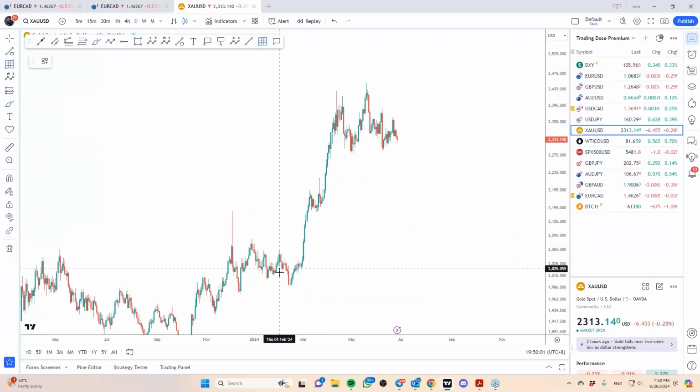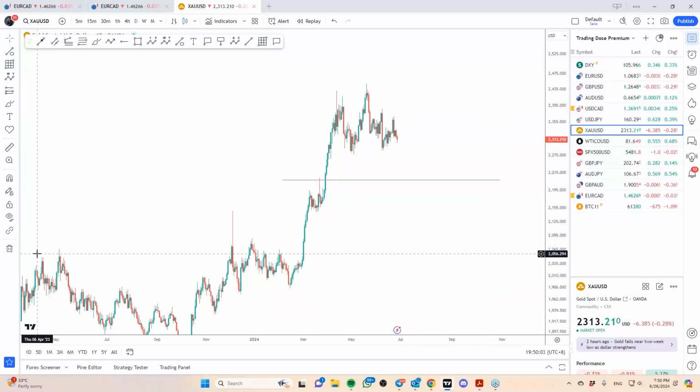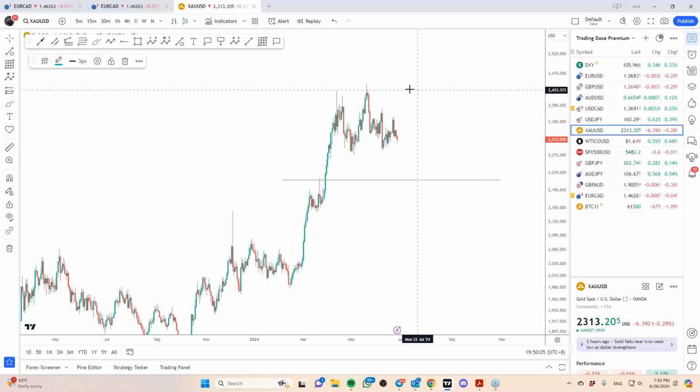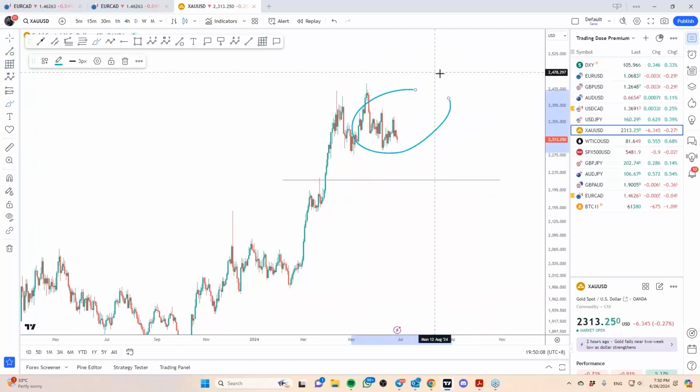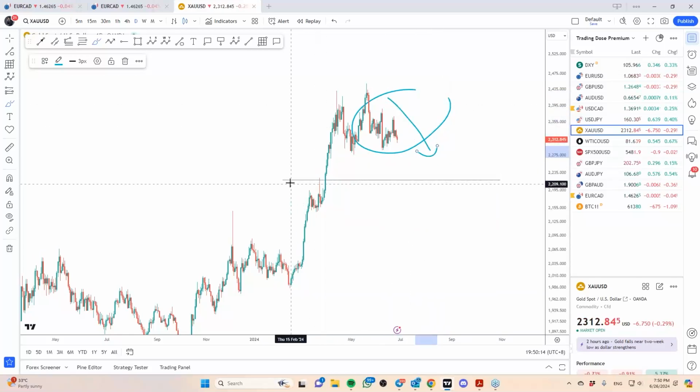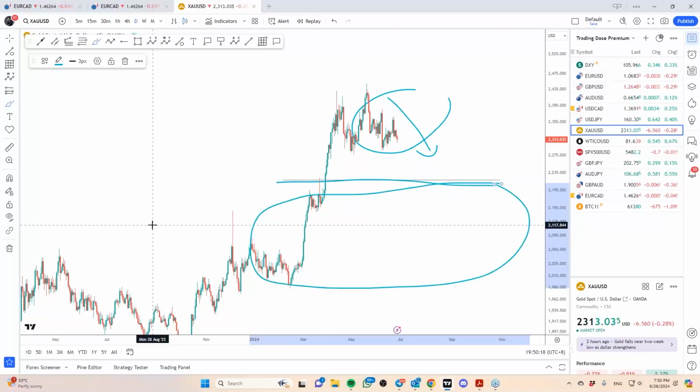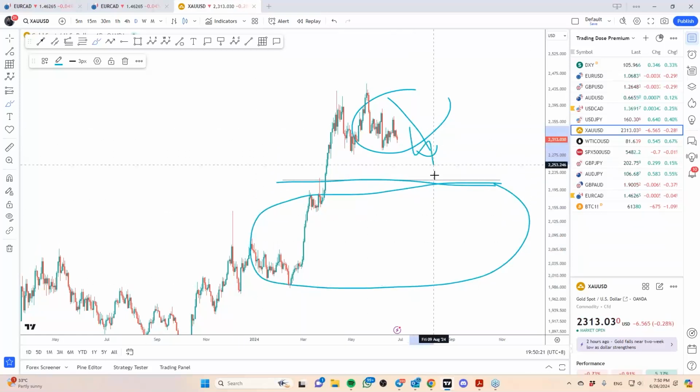Now, if today we are trading the pullback, anywhere while price is still within the premium zone, we can look to trade the pullback in the short term, but we'll only look to trade the pullback all the way until the discount area. Because if the price continues to come back down here and enters into discount zone, you don't want to be selling anymore.